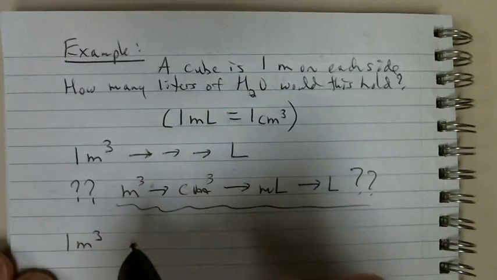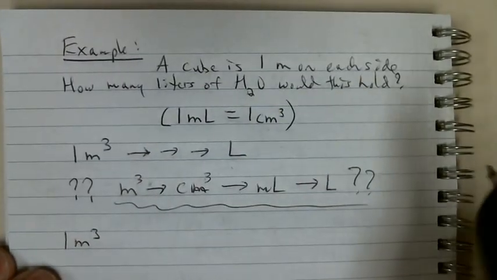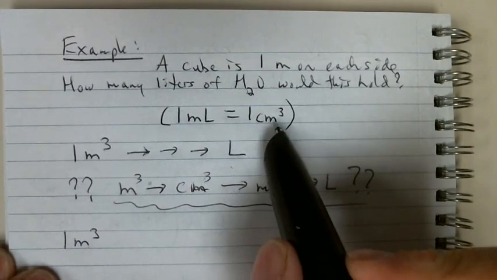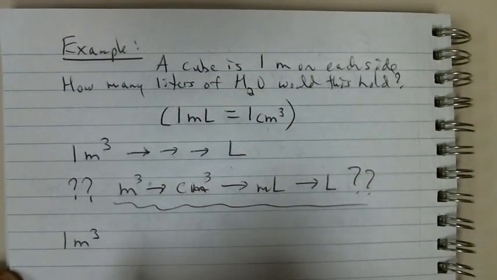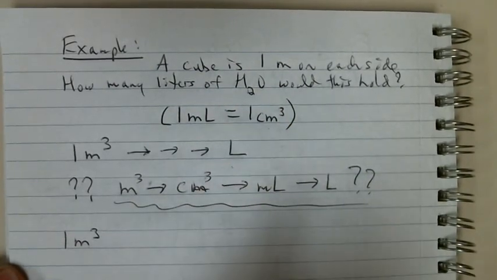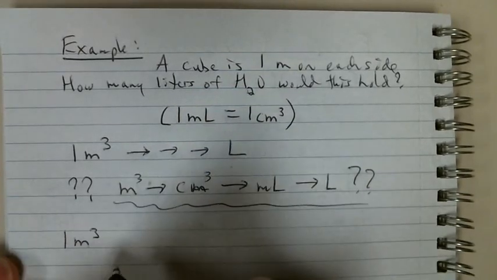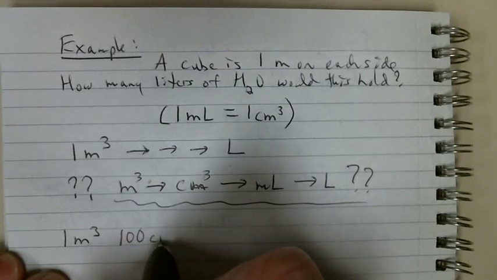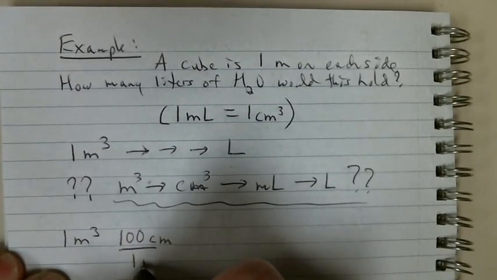So meters cubed, and we know we can get from meters cubed to centimeters cubed. But we've got to be careful with that, right? So there's 100 centimeters in 1 meter.